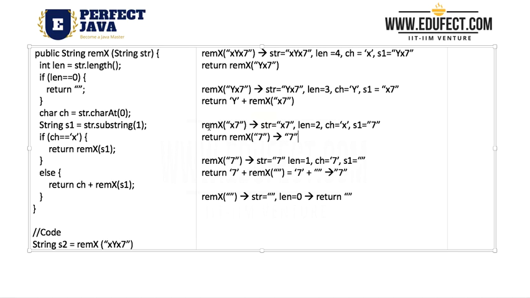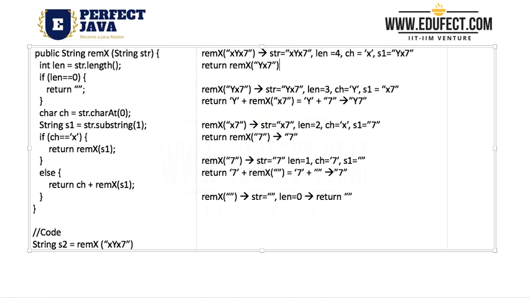Now once remx of x7 has returned, we have got the return value here, which is 7. So this will now be equal to y plus the return value which we got, which was the string 7. So this will now return y7.